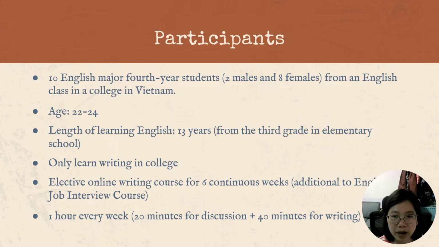And in my writing course, an elective online writing course for 6 continuous weeks, which is actually an additional course to the English job interview course, they took 1 hour every week, including 20 minutes for discussion, for ideas, for brainstorming, for outlining, and after that they have 40 minutes for writing online.